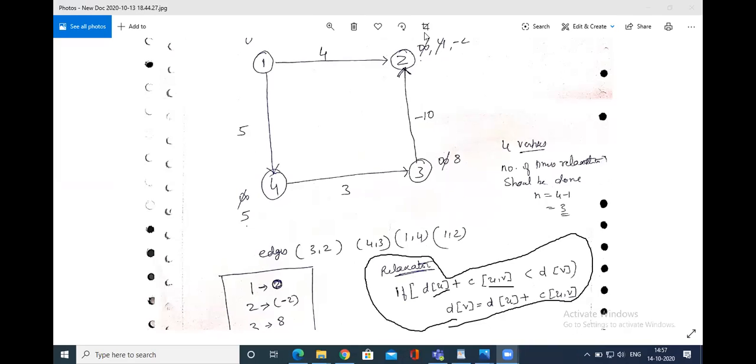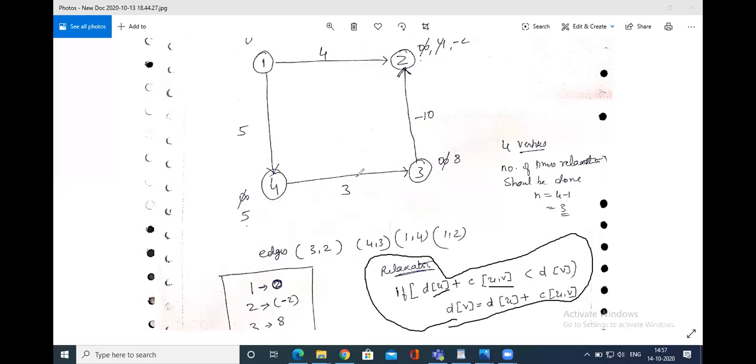Okay, so consider the edge list. Let me start. We have 4 edges in the edge list. 3 2 is one edge. 4 3, that is from vertex 4 to 3, is one edge. 1 to 4 and 1 to 2.